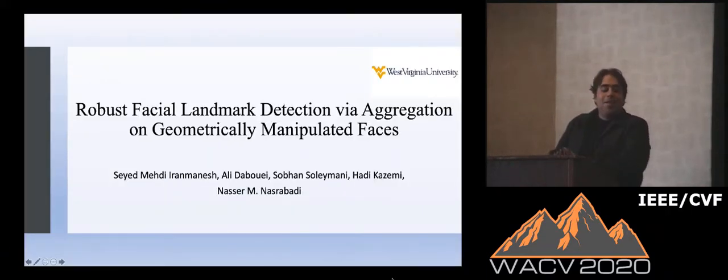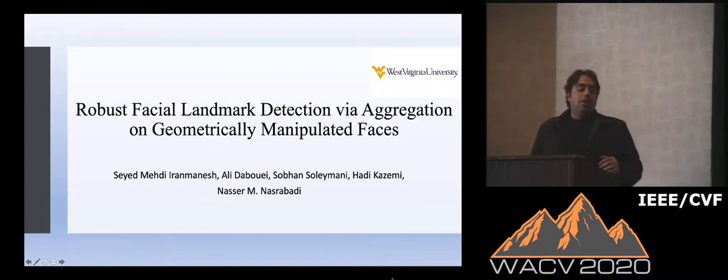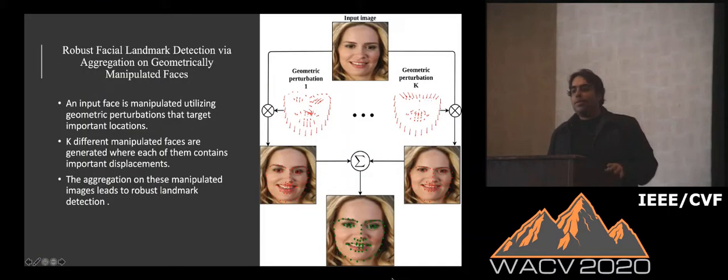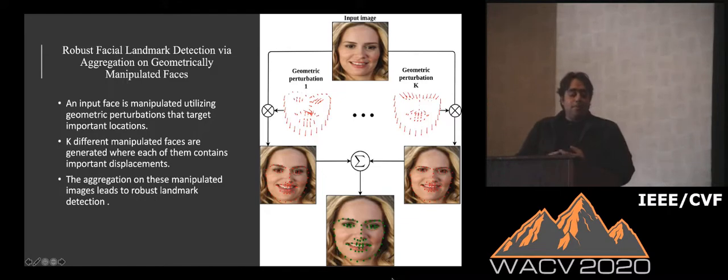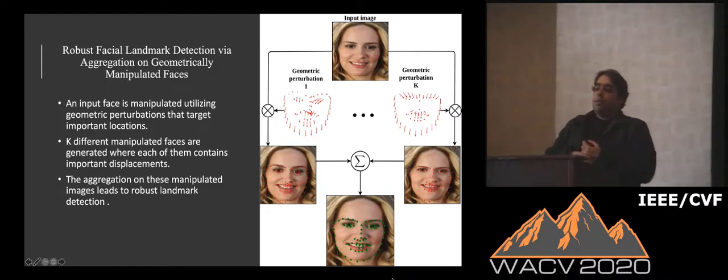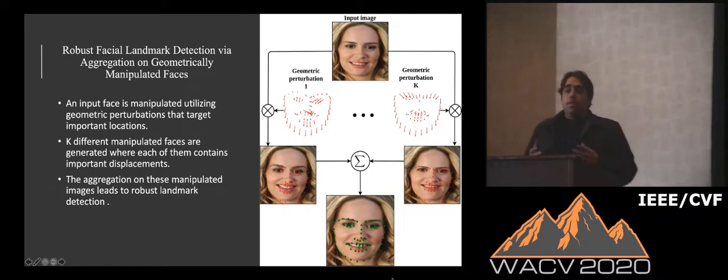The next presentation is about robust facial landmark detection via aggregation of geometrically manipulated faces. Landmark detection, when we have very extreme poses, is a really hard task. To solve that problem, we both manually and adversarially change the faces.